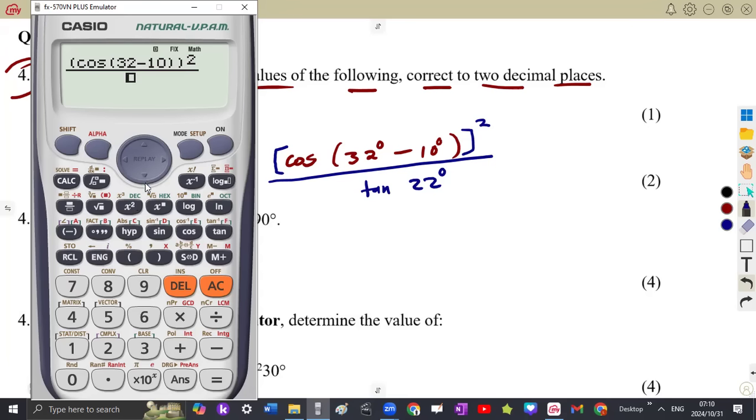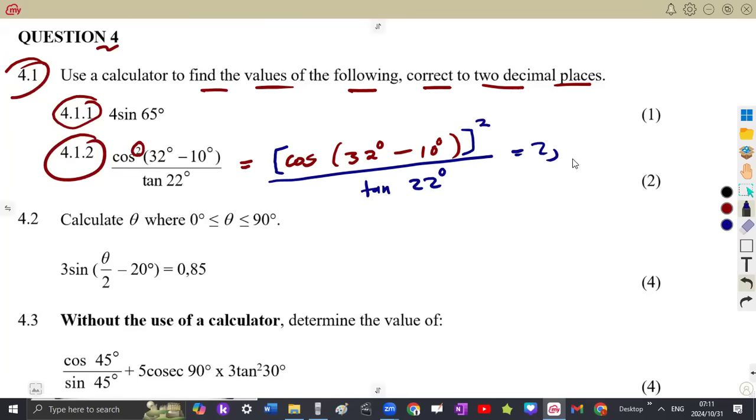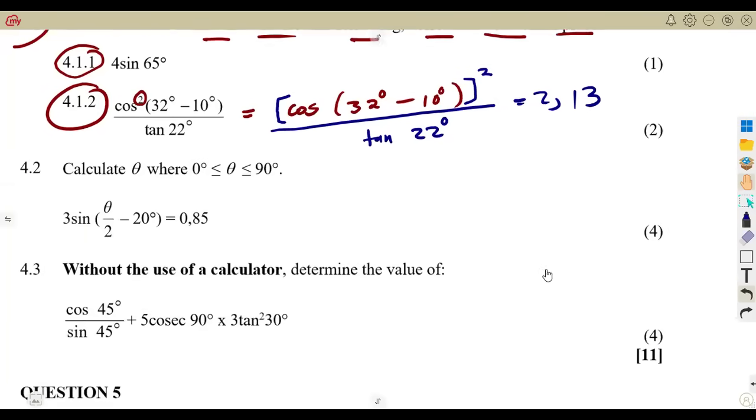You square it, then divide by tan 22. Remember, we have fixed our calculator to 2 decimal places, so we obtain our answer to 2 decimal places, which is 2.13. So that is the use of a calculator. They can actually ask questions of that nature: use your calculator to simplify.